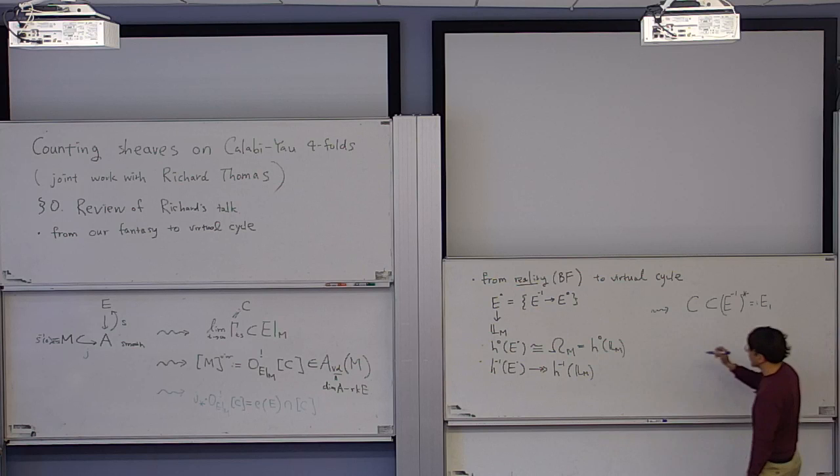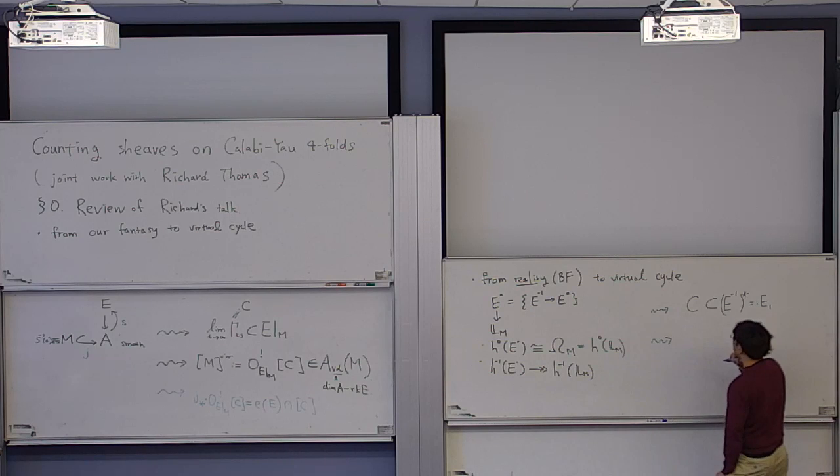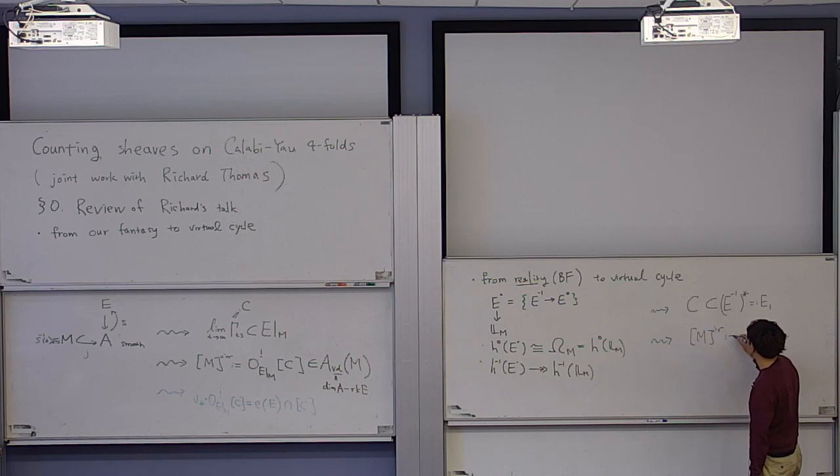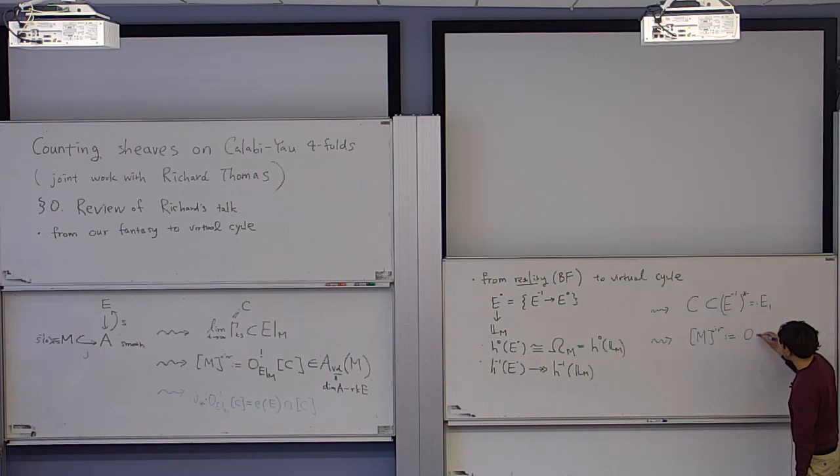Then again we can define the virtual class to be the image of the inverse Gysin isomorphism of C. Then that's also a class of the Chow group.